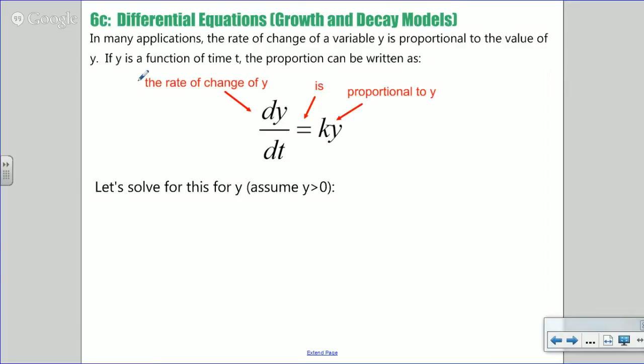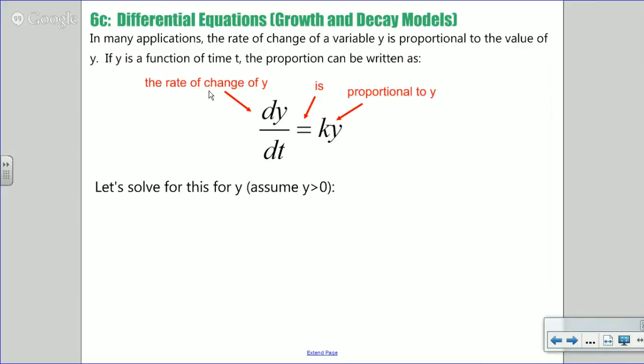Okay, so in many applications, the rate of change of a variable y is proportional to the value of y. If y is a function of time t, the proportion can be written as this. All right, so I'd like for you to go ahead and write what I have down here, as well as the different labels I have here.